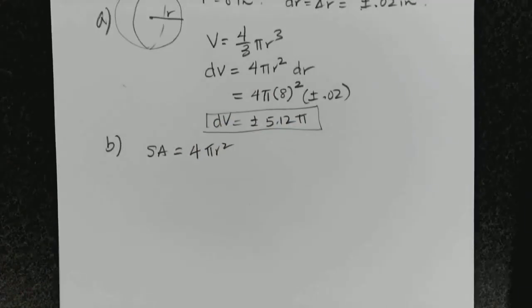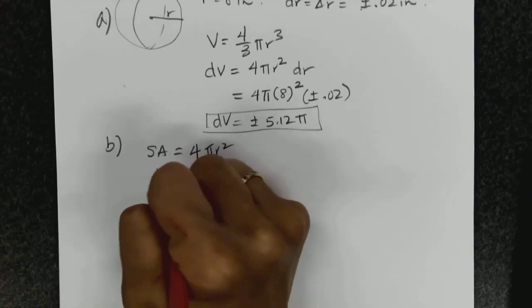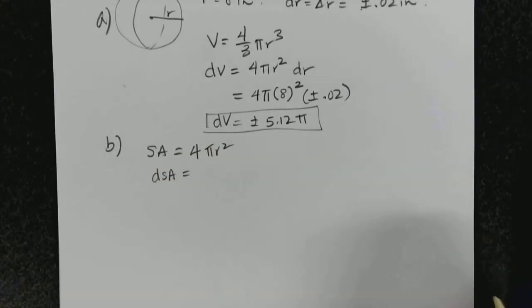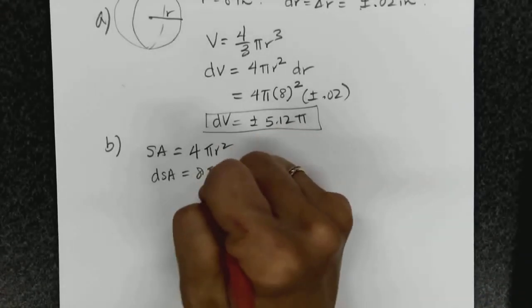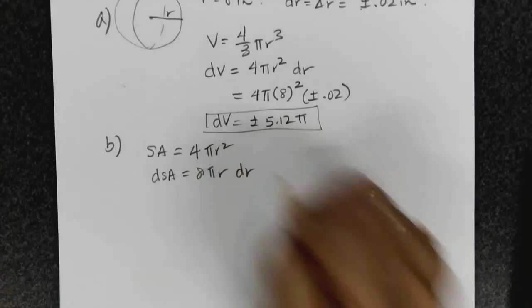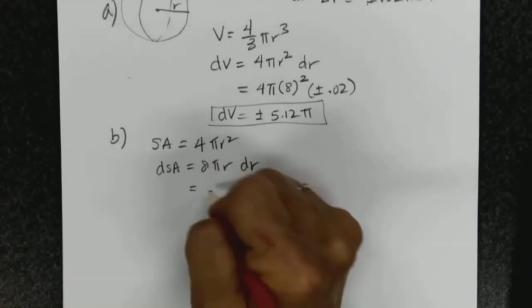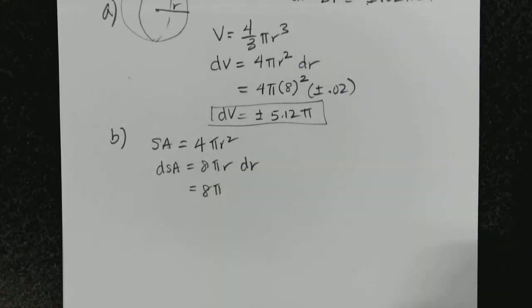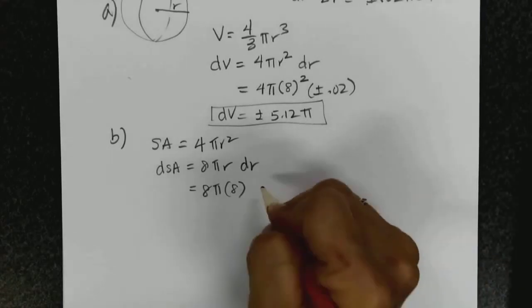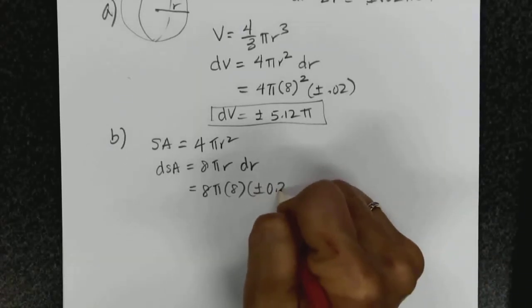So you do the same again. dSA, the differential of surface area, is 8 pi r dr, which is equal to 8 pi, and the radius is 8, times the differential dr, which is plus or minus 0.02.